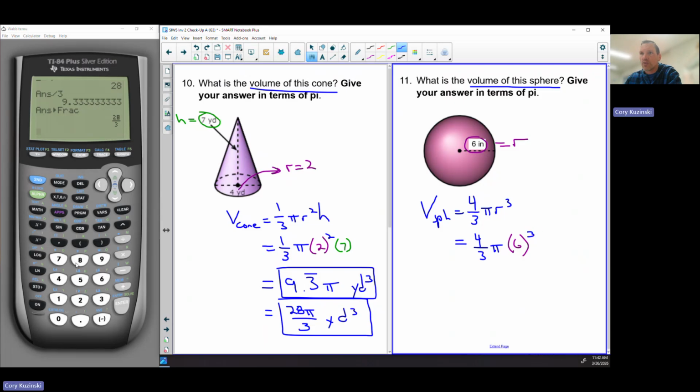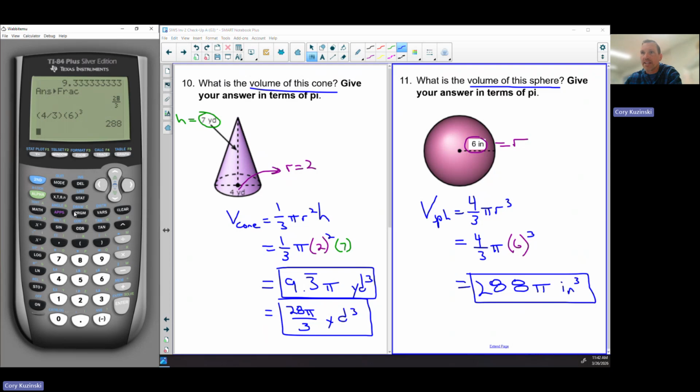All right, so let's do 4/3 times 6 cubed. That's 288. So our answer is 288 pi cubic inches. That's it. That's the volume, 288 pi.